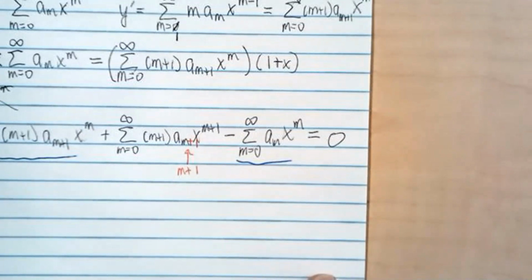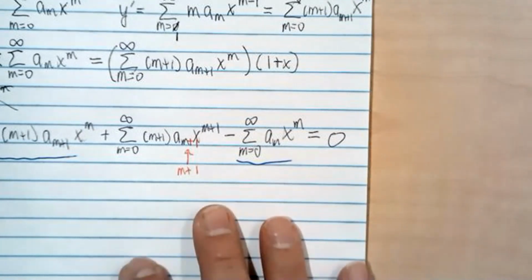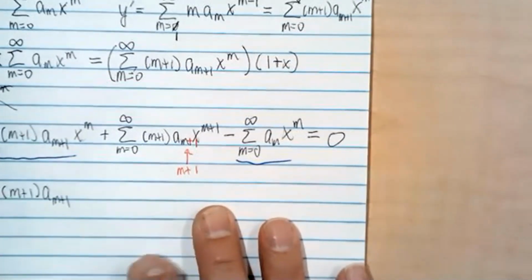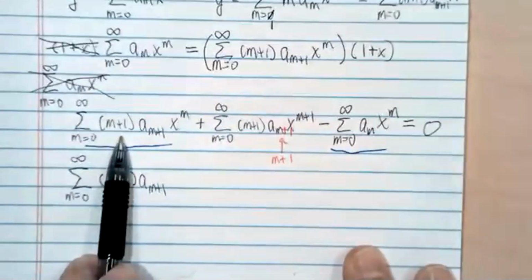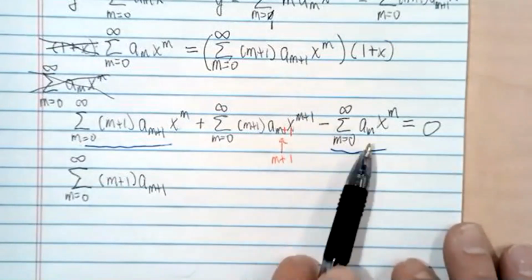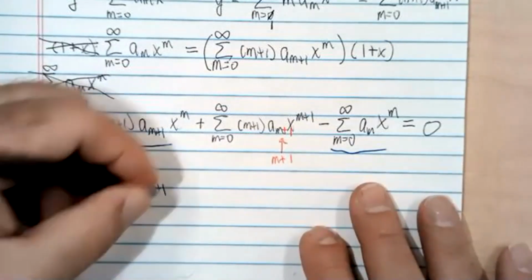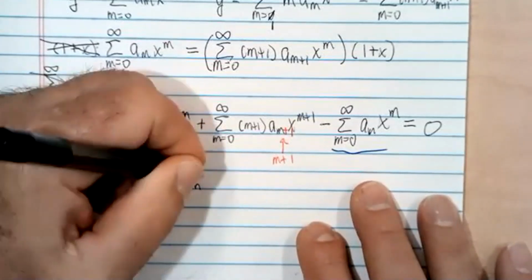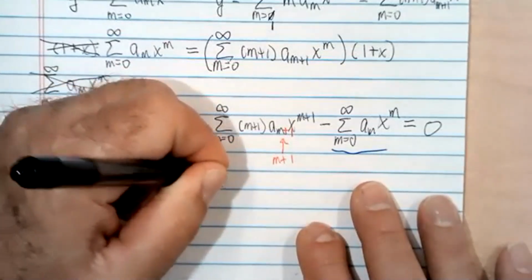So we could put them together, and that might help a little bit. So (m plus 1) times a_(m+1) minus a_m. And both of those are coefficients on x to the m.